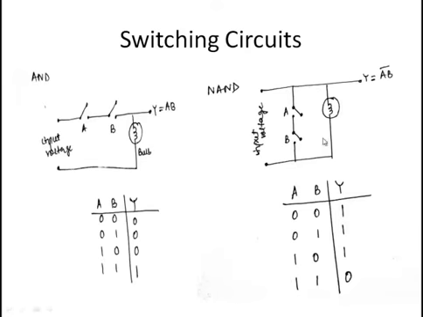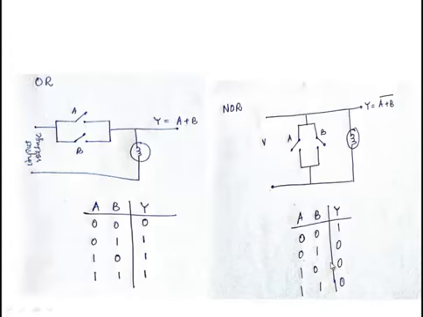This is the truth table that you can easily compare here, and you can see the results here. Next, I have again drawn some switching circuits of the OR and NOR gates. You can see from the truth table and you can just grasp the concepts of the switch.